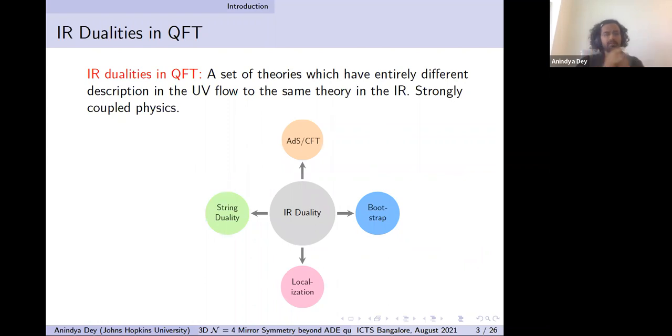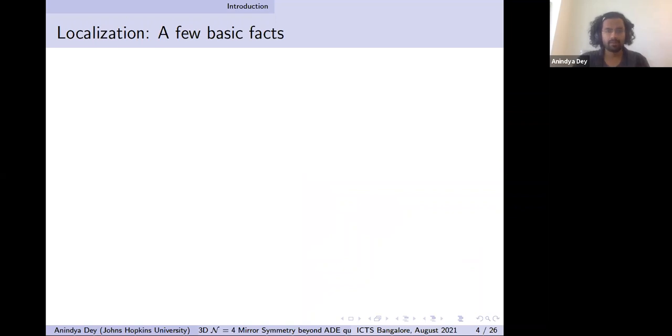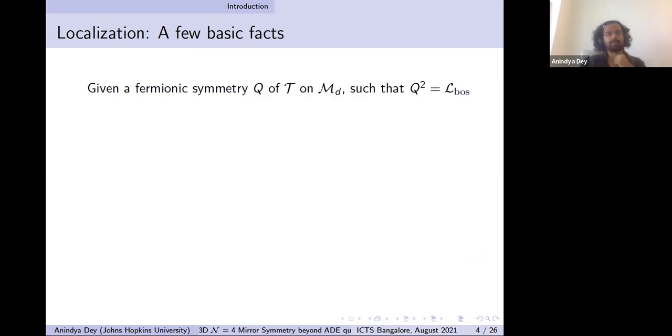Now, the specific set of techniques that we are going to talk about in this presentation will be the set of techniques that go by the name of localization, which is, again, as I said, a set of techniques for computing supersymmetric observables, protected observables in a quantum field theory exactly. So let me first begin with a few basic facts about localization that you might already know, but nevertheless.